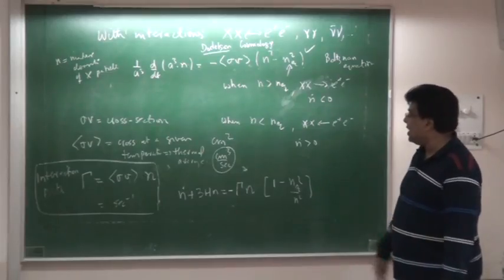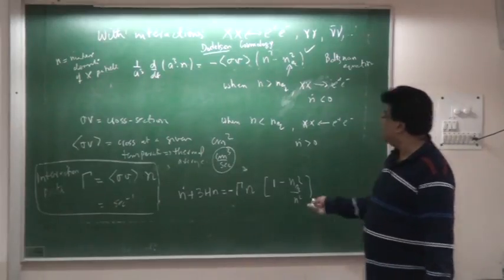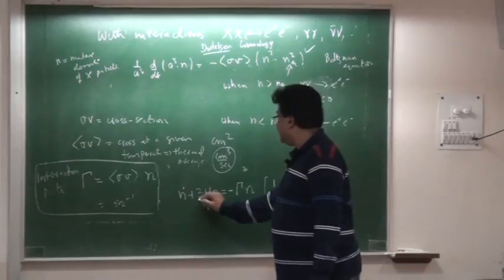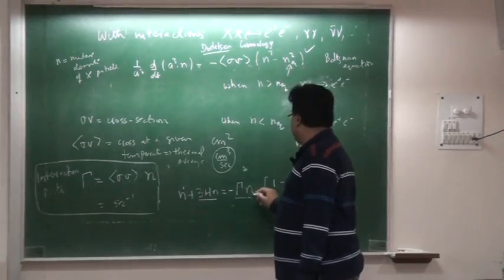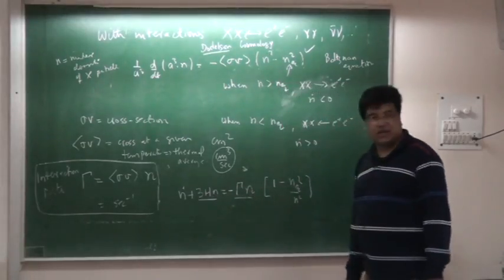Now this equation tells you something. You have two terms which are proportional: a 3h n term and a gamma n term.